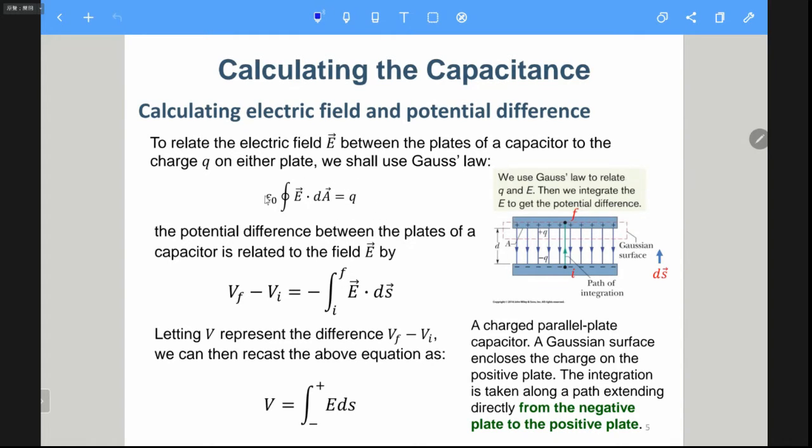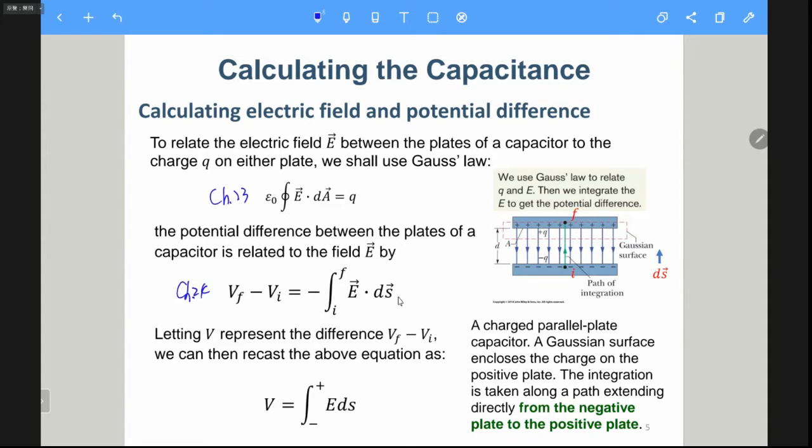If you still remember, the potential difference between the plates of a capacitor is related to the field by this expression. This is from chapter 23, and this is from chapter 24, which we just finished in the last chapter.